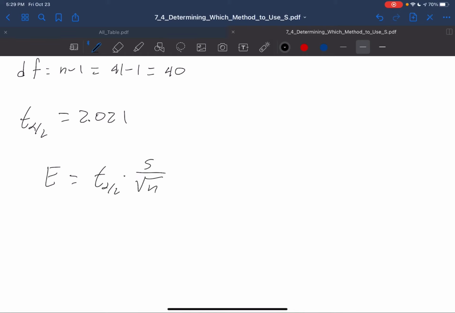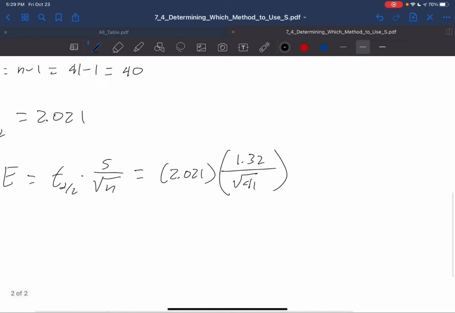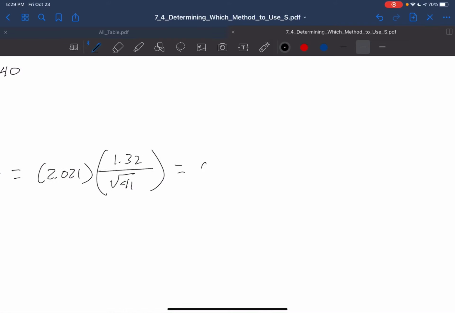So we can compute our margin of error, which is our critical value times the standard error, s over square root of n, where s is our sample standard deviation and n is our sample size. So this will be 2.021 times 1.32 all over square root of 41, which is equal to 0.41978.